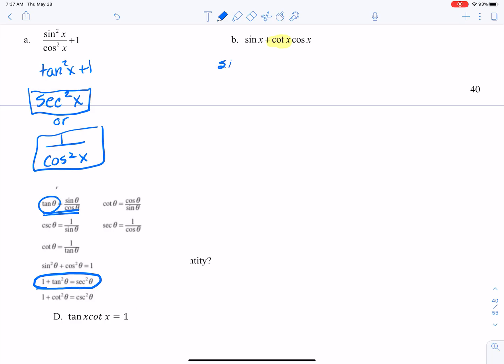So I'm going to write this as sine x plus, and if you take a look here, my cotan x is equal to cos over sine. So I'm going to turn that to cos x over sine x, and this is times cos x.